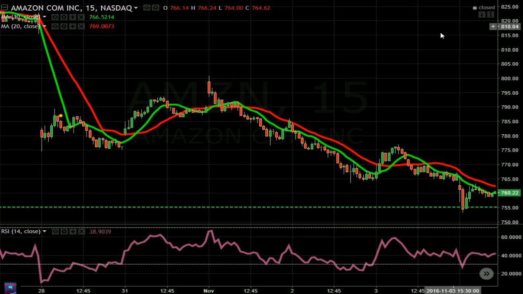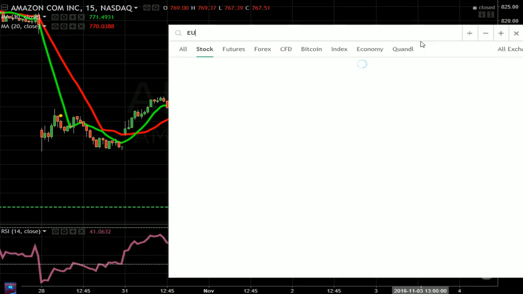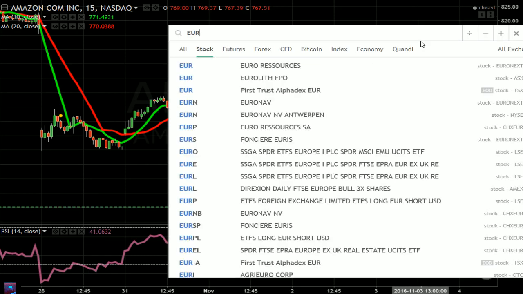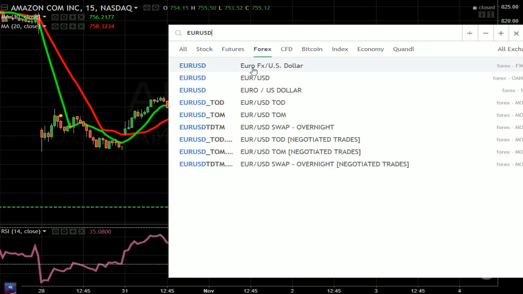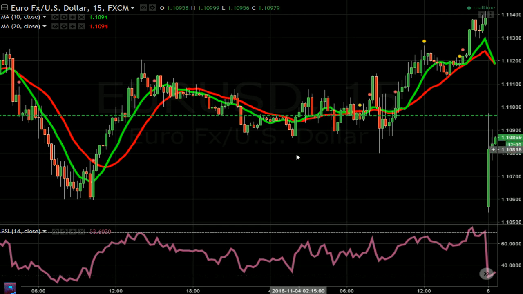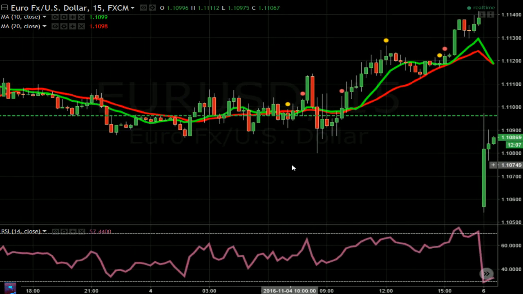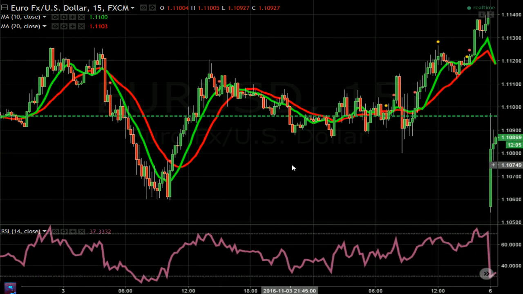Nice play. And what's really neat is that it also works in forex as well. So let's look at the forex, euro US dollar. Here's the euro US dollar.